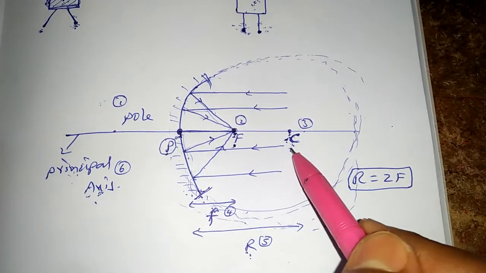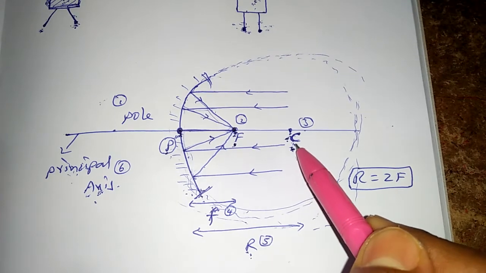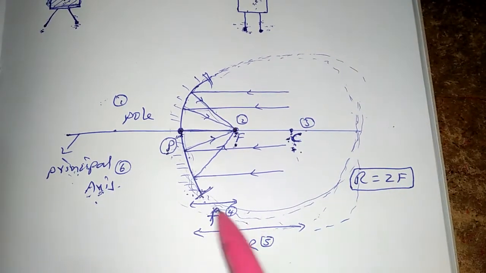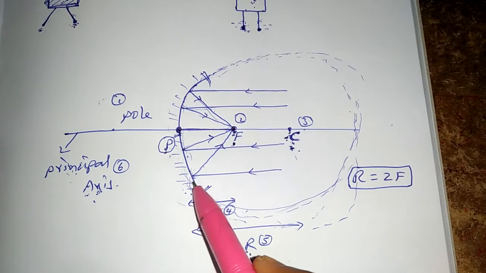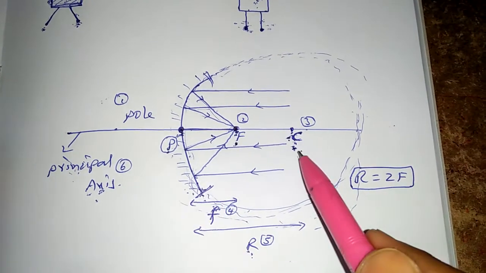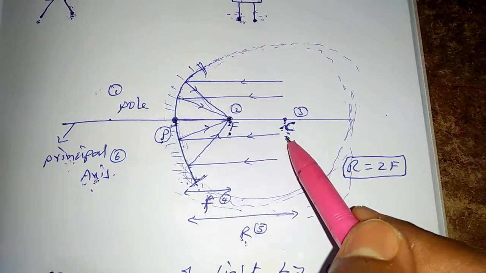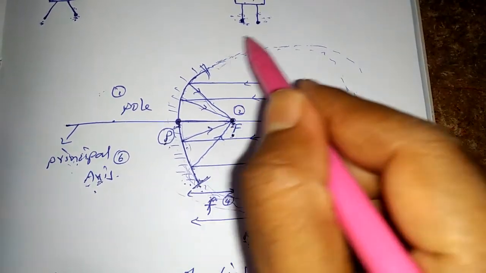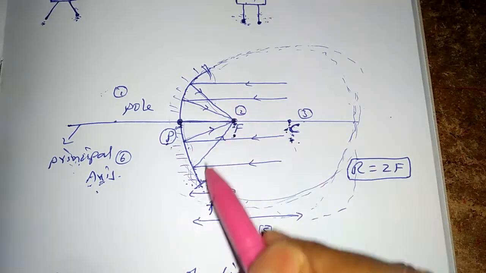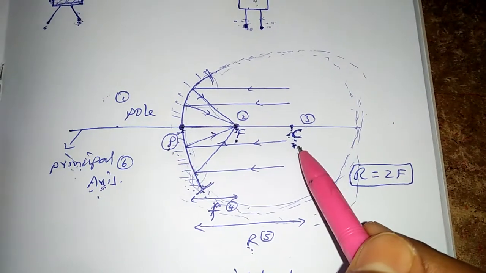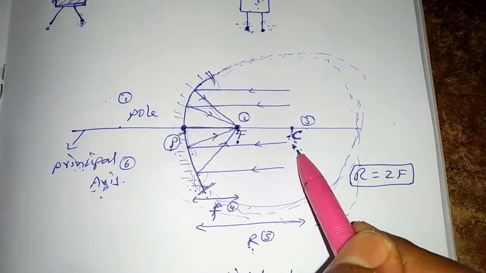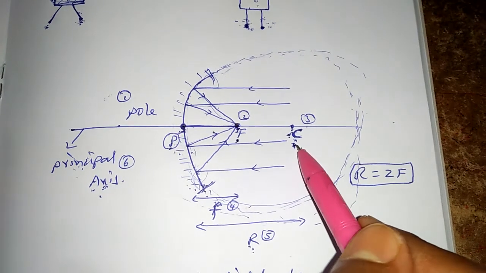So the center of curvature is nothing but the center of the sphere of which the mirror is a part. That is called the center of curvature, and it is denoted by the letter C.